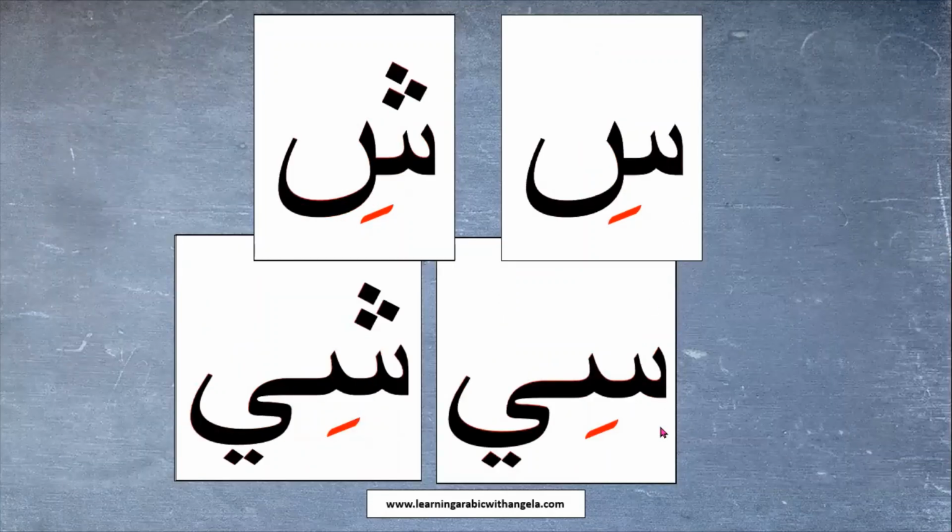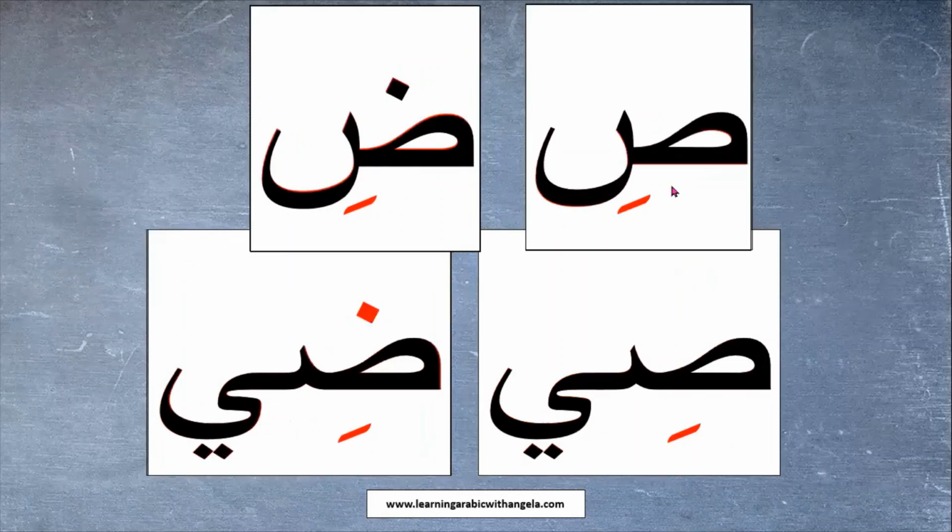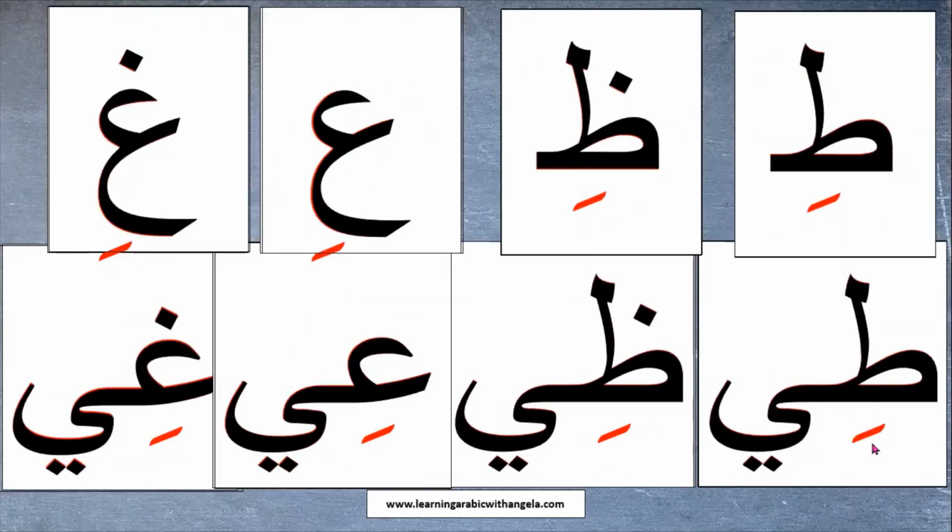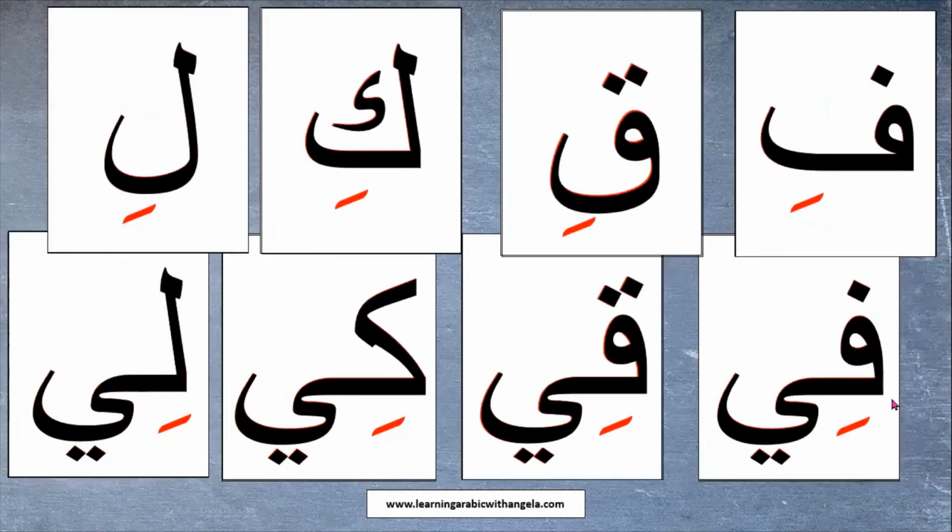Si, si. Shi, shi. Di, di. Ti, ti. Thi, thi. I, I. Ri, ri. Fi, fi. Fi means in, in Arabic. أنا في البيت.